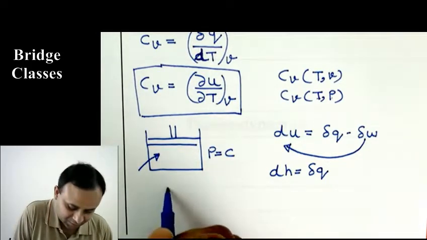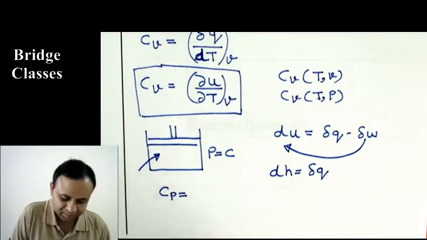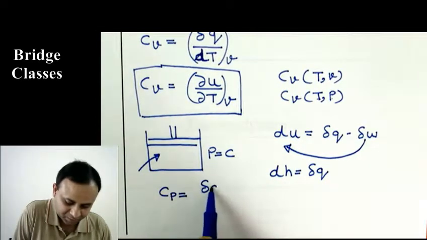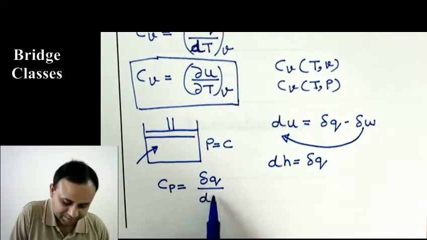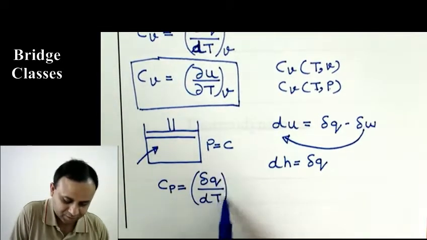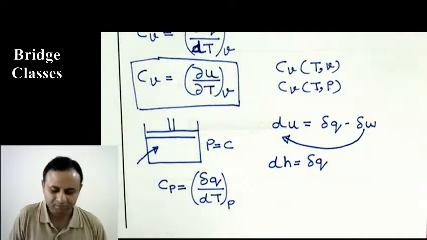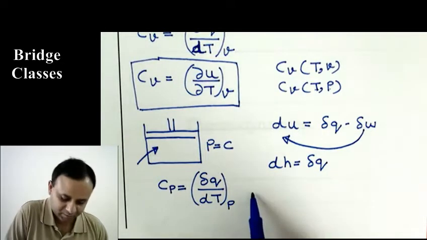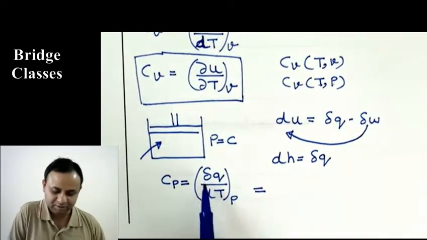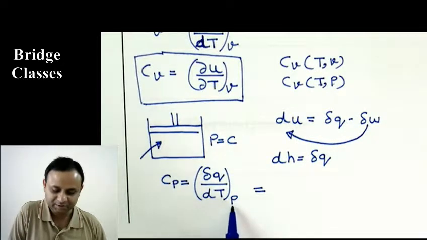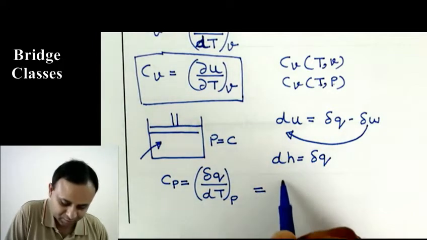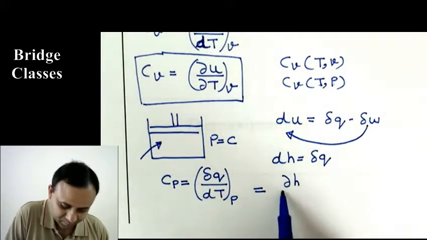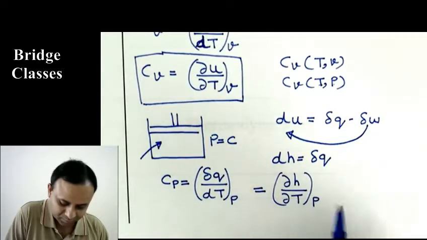Now see, what is the definition of CP? CP is the amount of heat transfer per unit mass, per unit rise in temperature when the process is executed at constant pressure. Okay. So this becomes, because this heat transfer at constant pressure is the same as change in enthalpy, change in enthalpy over change in temperature at constant pressure.